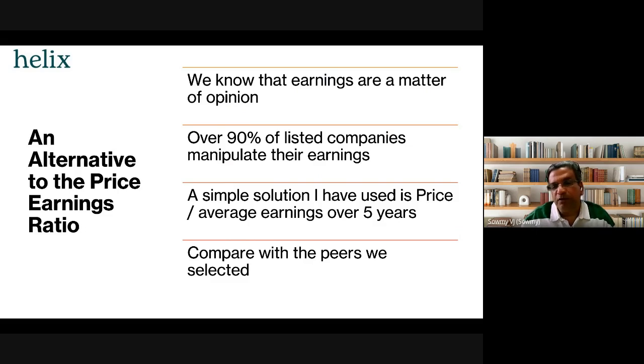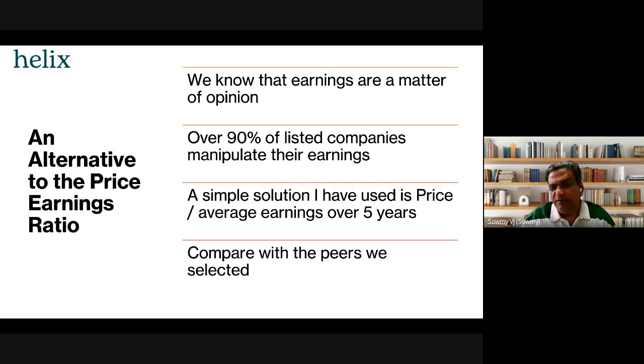Over 90% of companies have manipulated their earnings. So one simple solution I have used is to use the average earnings over 5 years. It is not possible to manipulate earnings over a long period of time.